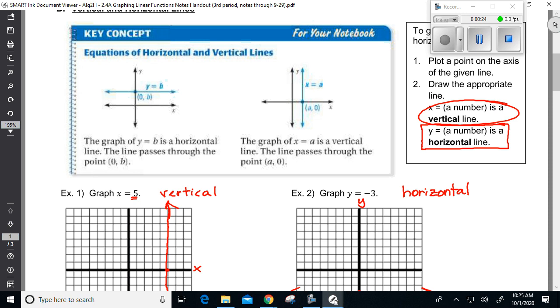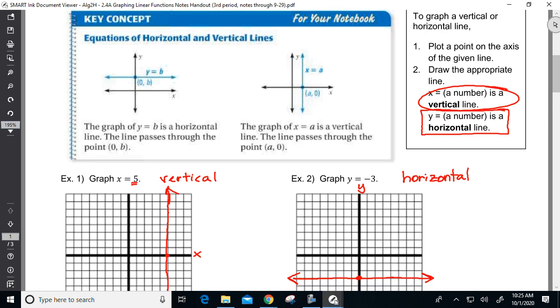So, to recap from Tuesday, vertical lines are x equals a number. Plot the point on the x-axis, draw a vertical line. Horizontal lines is y equals a number. Plot the point on the y-axis, draw a horizontal line.